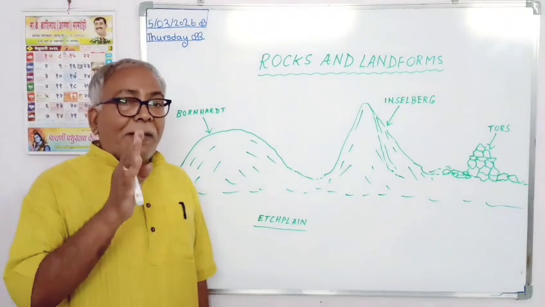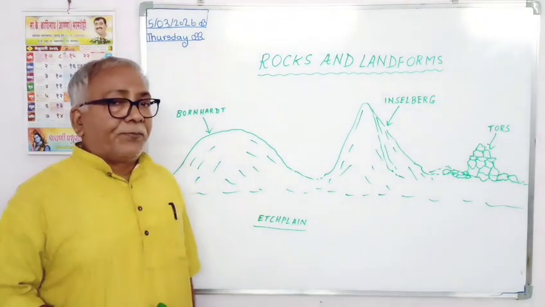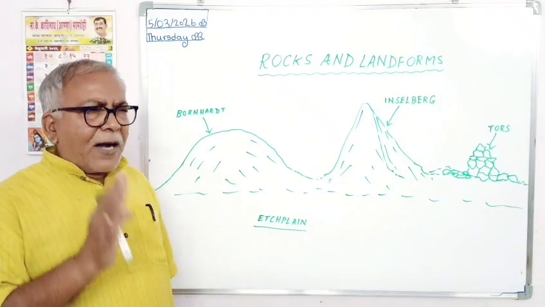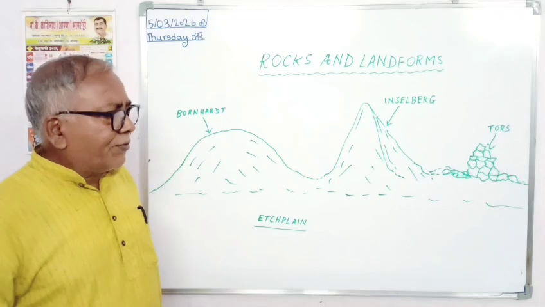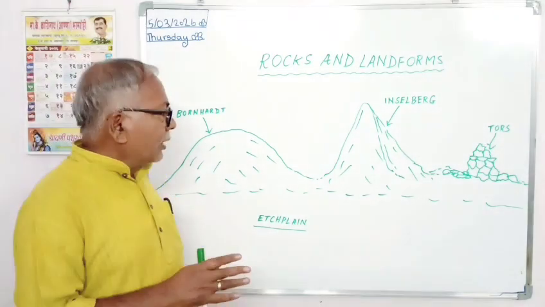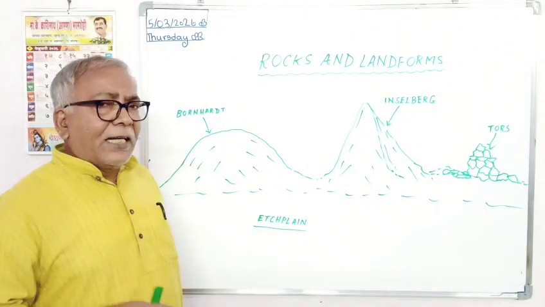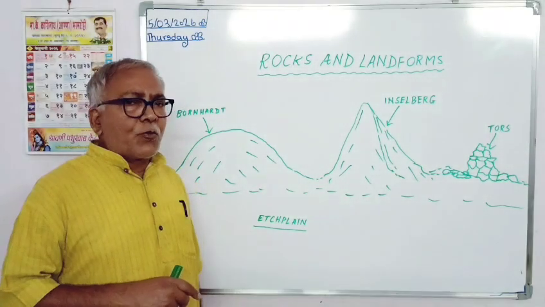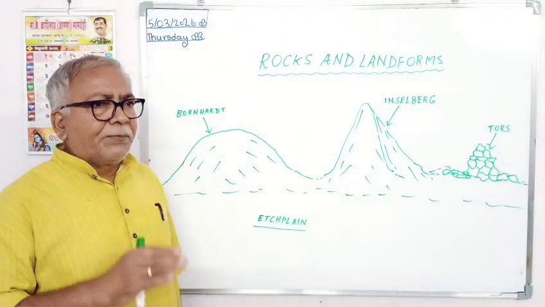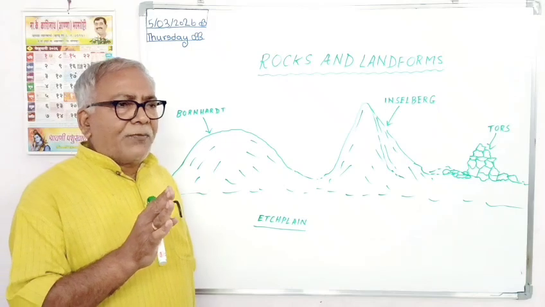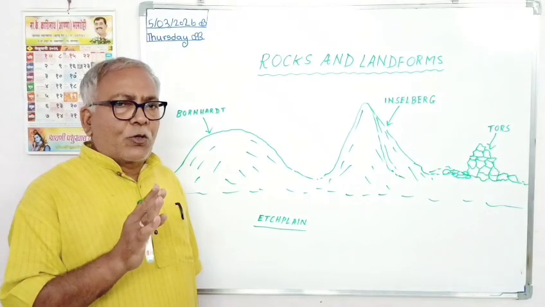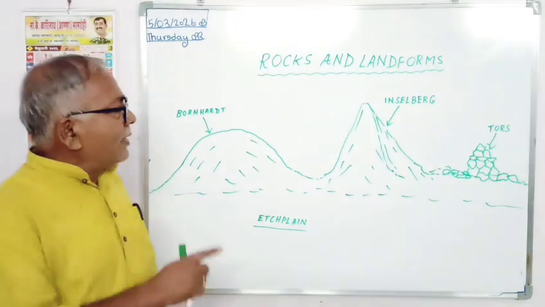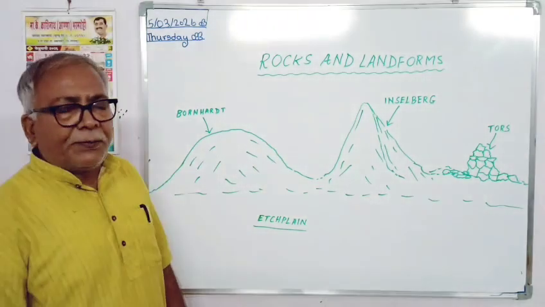Etchplain or marine etchplanation is found in parts of South Africa, particularly the eastern part, and also in our part of India, in the southern Tamil Nadu coast, just behind the younger coastal plain. If you proceed further towards the west, that is the mature coastal plain, and behind the mature coastal plain, these types of landforms are visible.